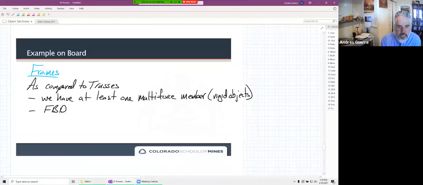Our FBDs are going to be of the individual member or of groups of members.